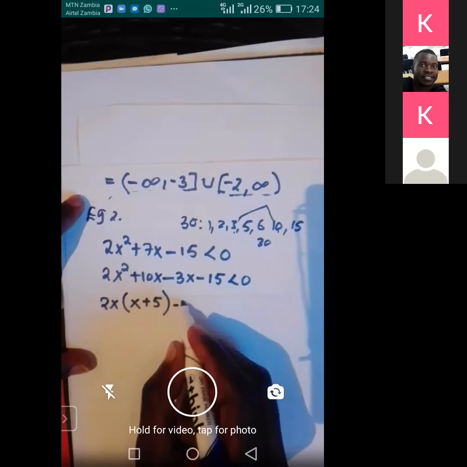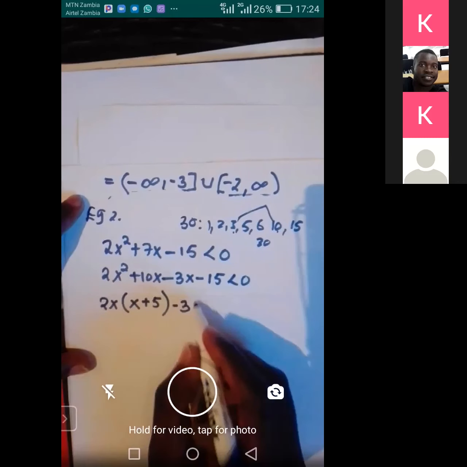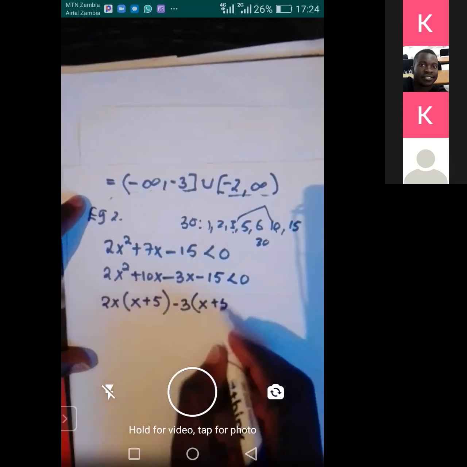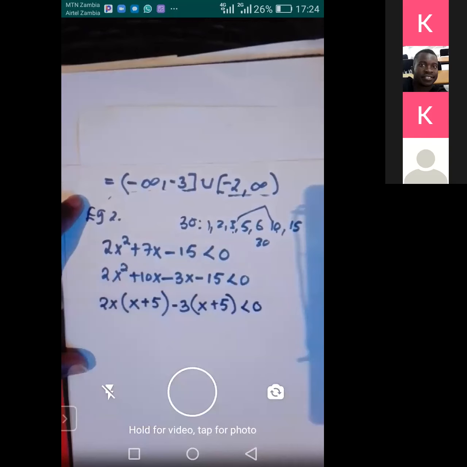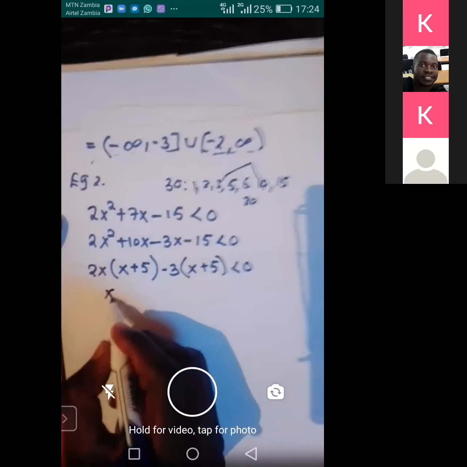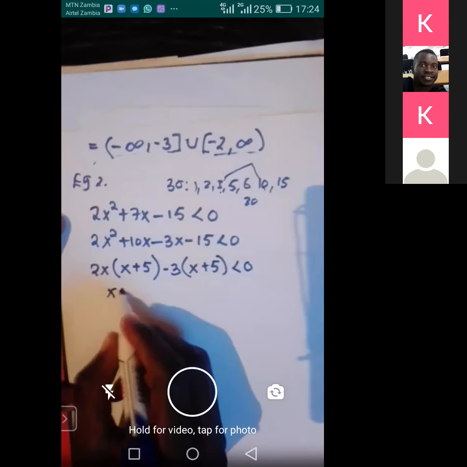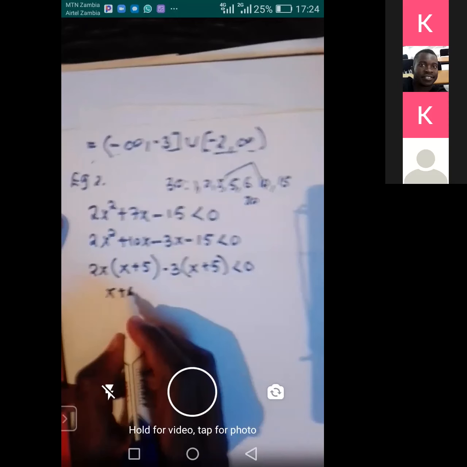Then minus 3 there, we're going to remain with x plus 5. This being less than 0. And then what we have here, then 2x minus 3.